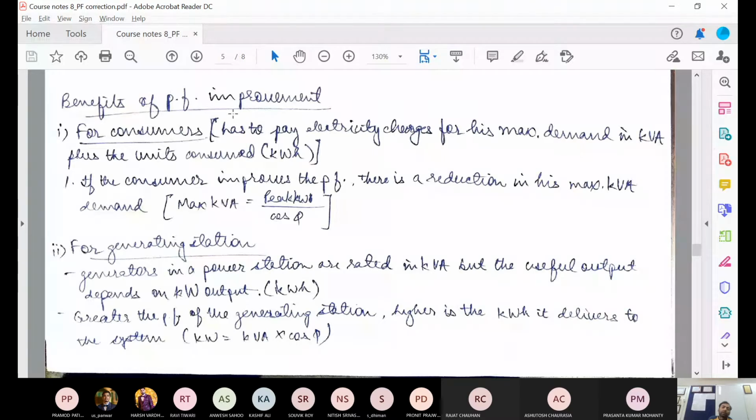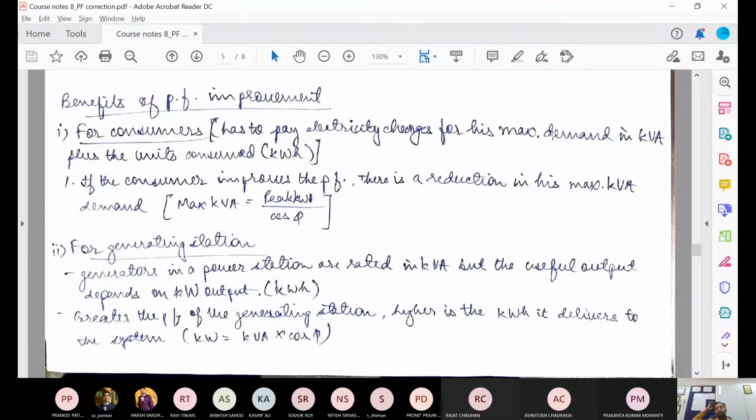But for the bigger consumers, the industrial consumers, large commercial establishments, or even institutional establishments like IITs, whoever has a contract demand with the utility, their maximum demand is also monitored in terms of kVA along with the units consumed. For them, there is definitely a benefit. This is known as the contract demand.